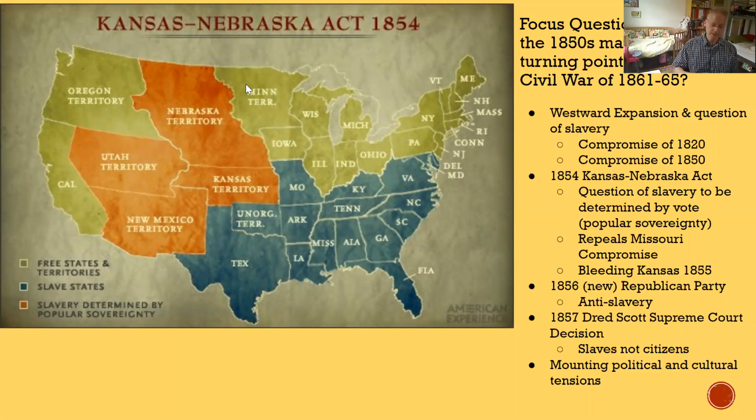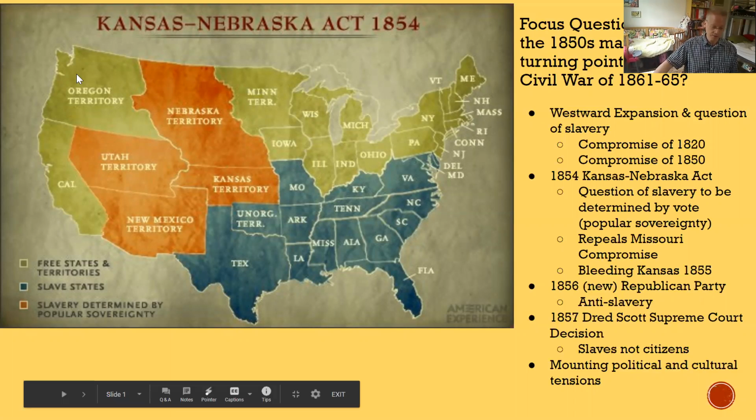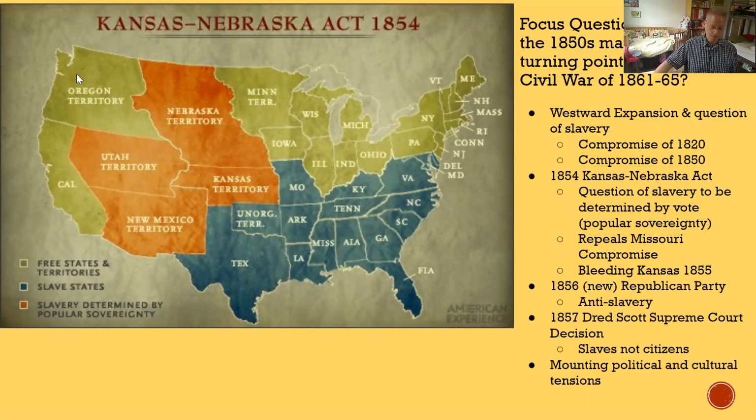Every time the United States expanded, the question of whether slavery would also expand into Western territories arose and was magnified. So we saw how the Missouri Compromise of 1820, then the Compromise of 1850, were attempts to manage the tensions between Northerners and Southerners over the expansion of slavery into these new territories.